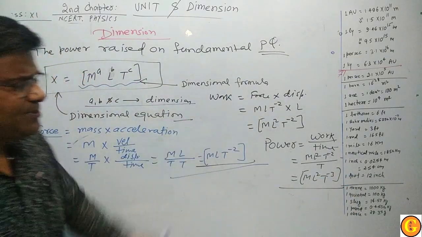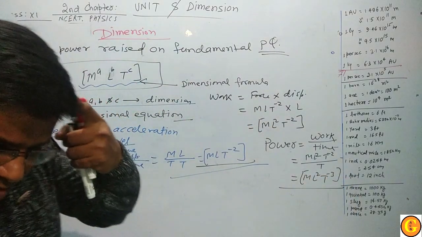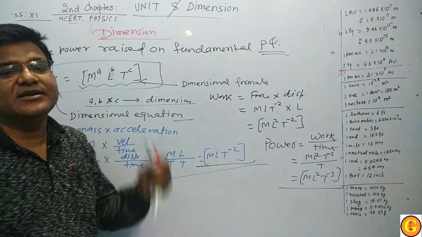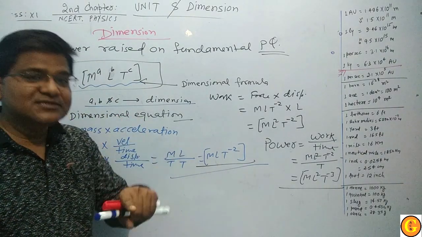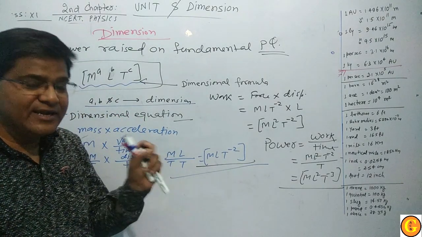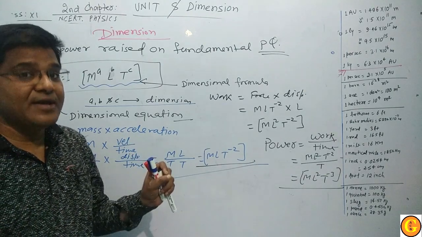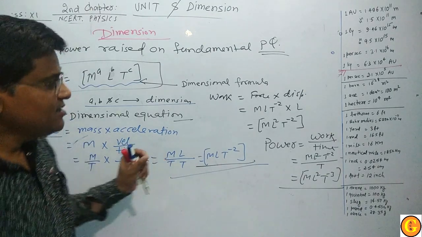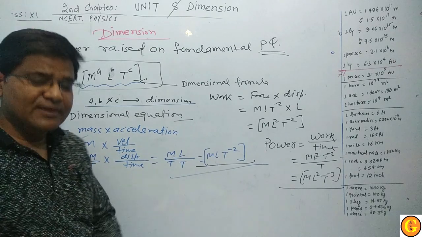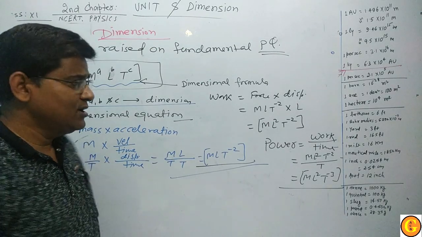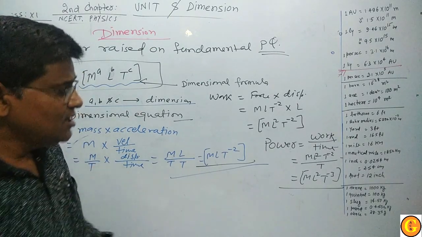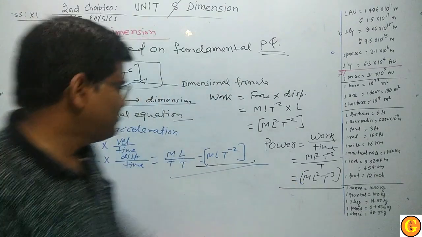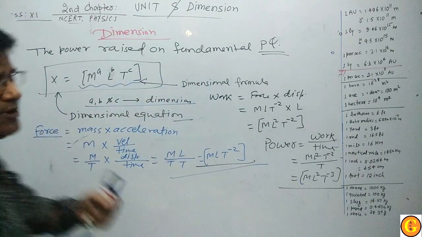There are so many physical quantities. 94 physical quantities are given in the last page of NCERT volume 1. 94 dimensions. In some other books it becomes 100 and more. How many dimensions will you learn? This is the problem. So I give you a few dimensions.